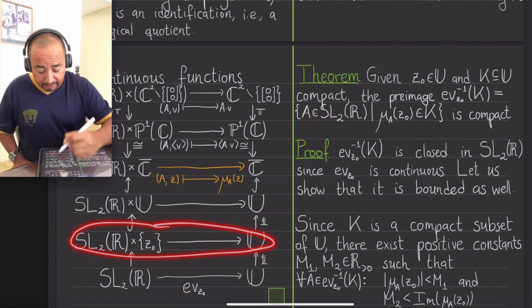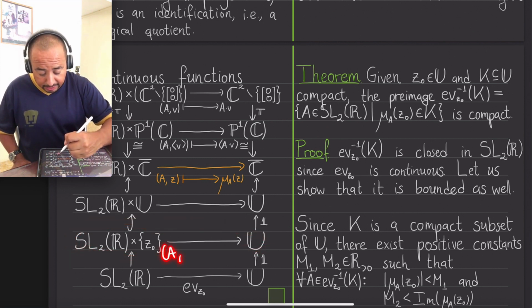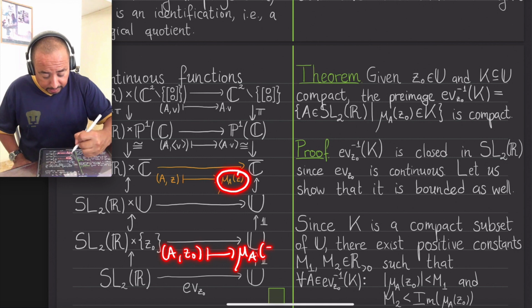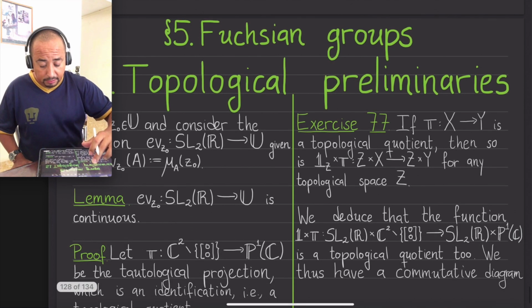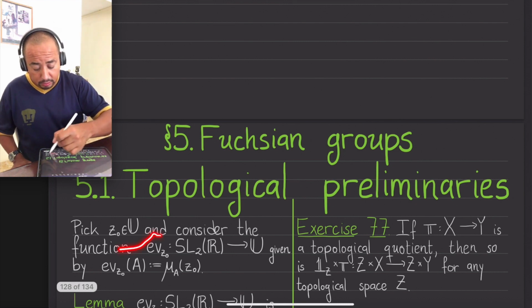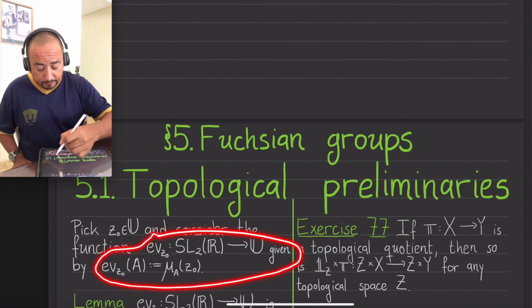It precisely takes a pair A, Z0 to mu A of Z0, which was precisely the correspondence rule of that evaluation at Z0.